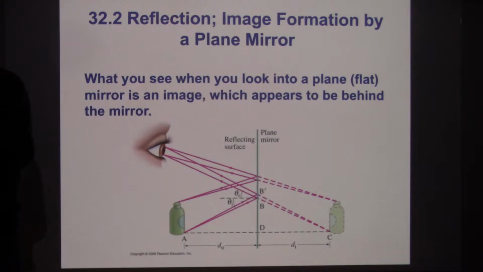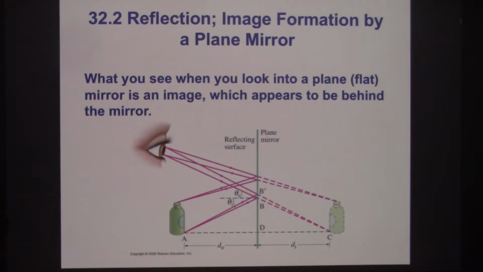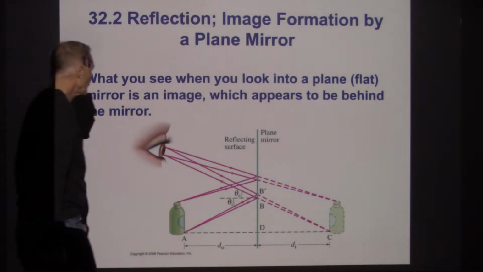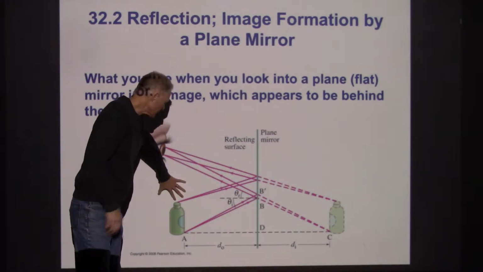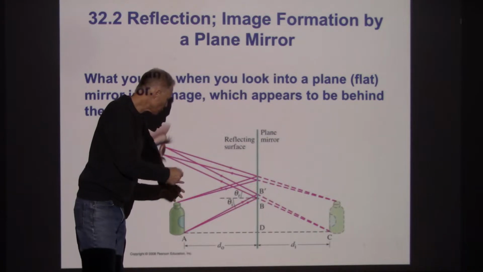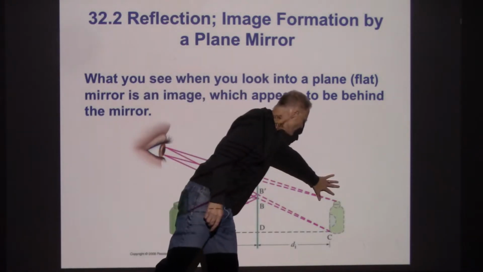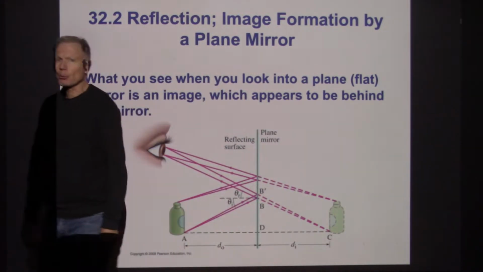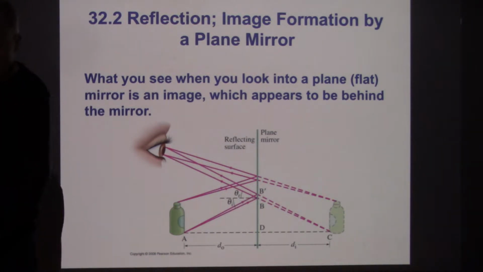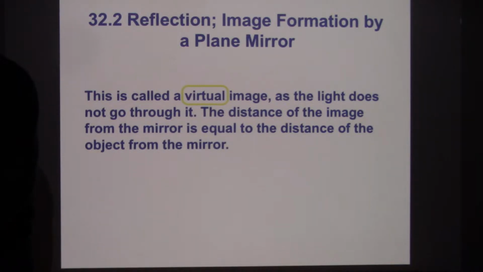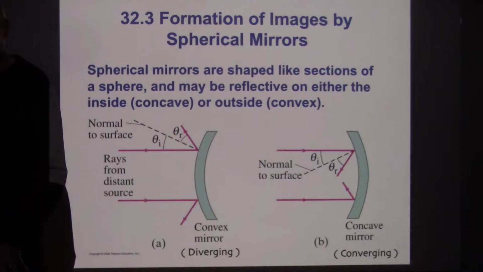The image from that becomes the object for the next lens or mirror, and so we'll see examples of where the object can be real or virtual, and the image can be real or virtual. We'll see this in lab too, so we'll get a chance to experience what these real and virtual images and objects are.